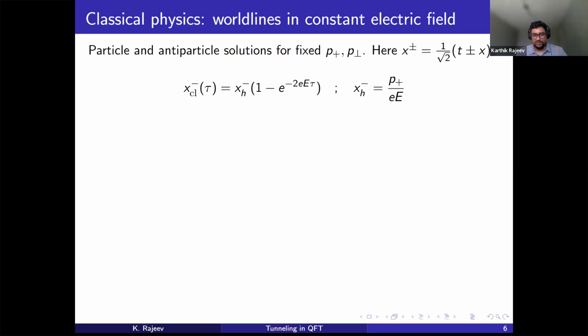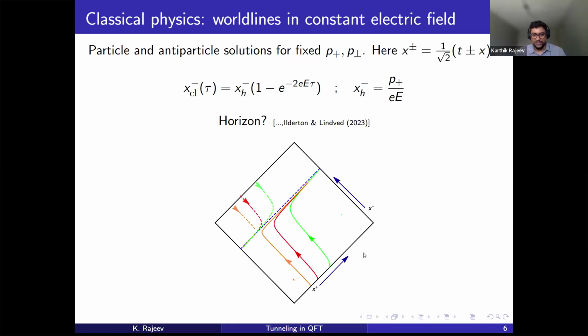Specifically, you can see that the function is bounded because of this exponential form, since the exponential function takes values from basically 0 to infinity. Therefore, the coordinate of the particle takes an upper bound given by p plus by eE. That upper bound is a function of the momentum.